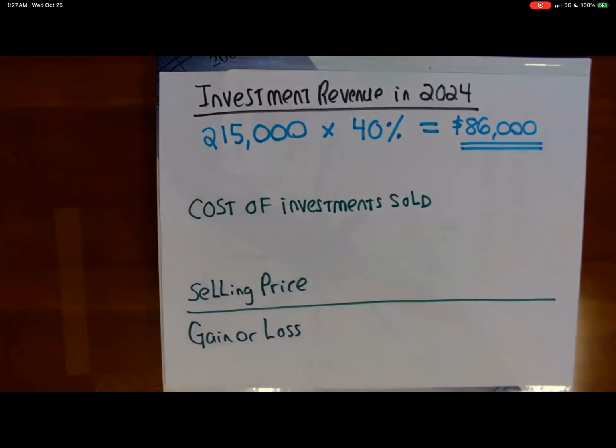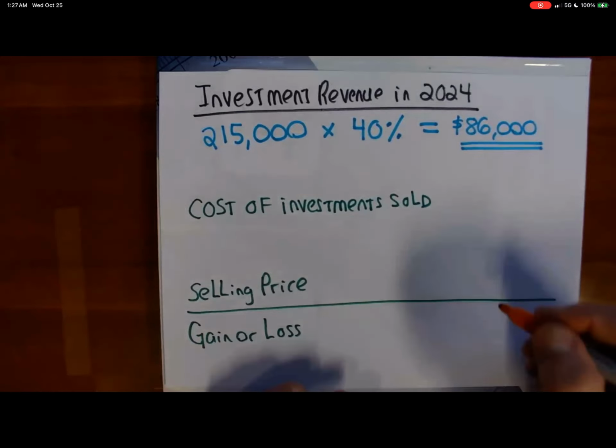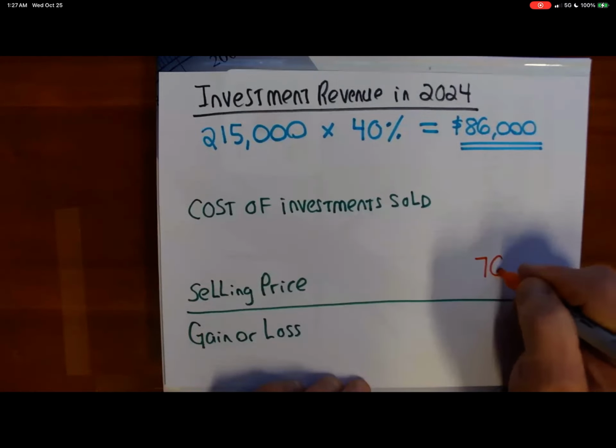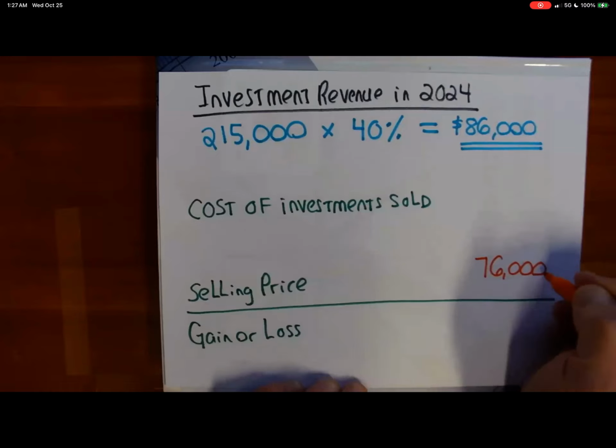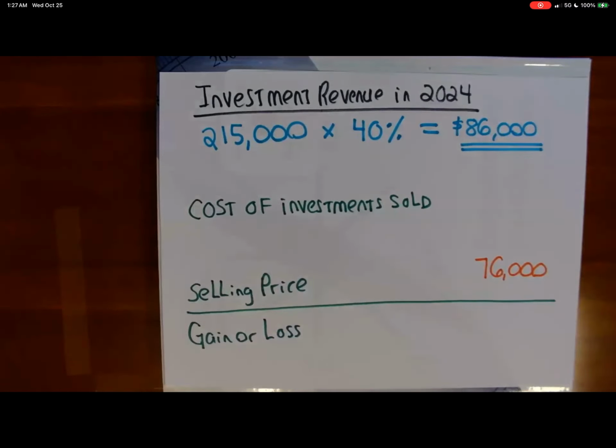Now, they told us the selling price, right? They said that it was sold for $76,000. So that's a given. The tricky place here is coming up with the cost of the investments sold.